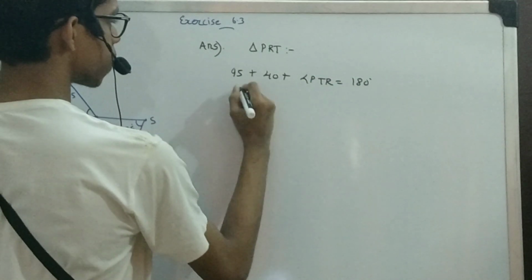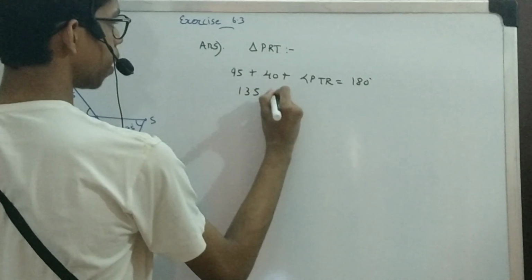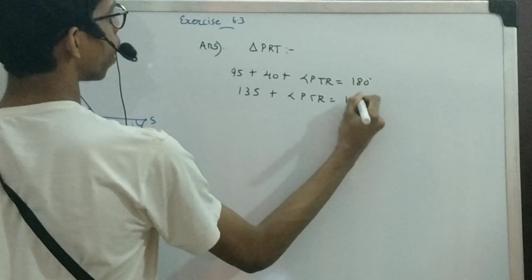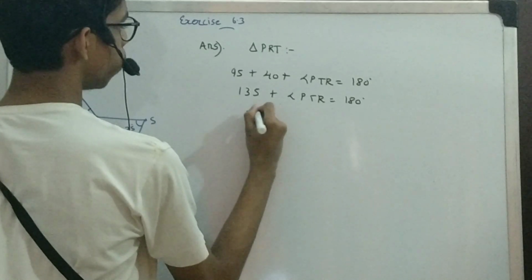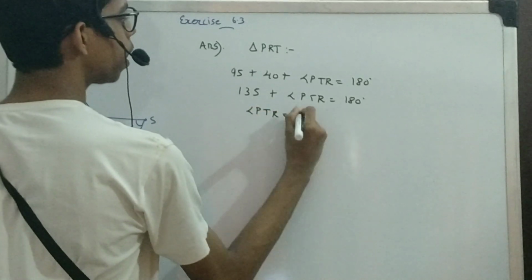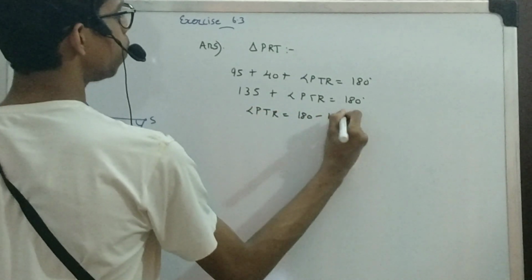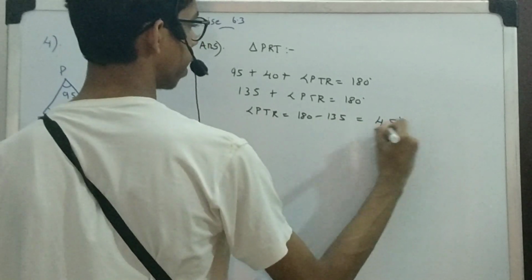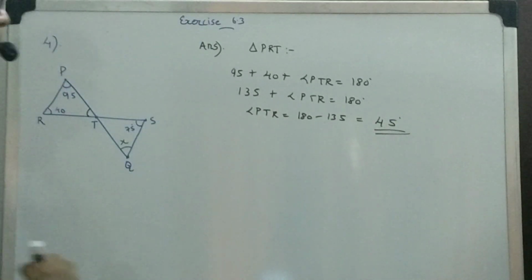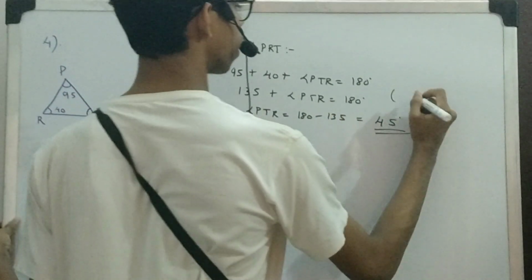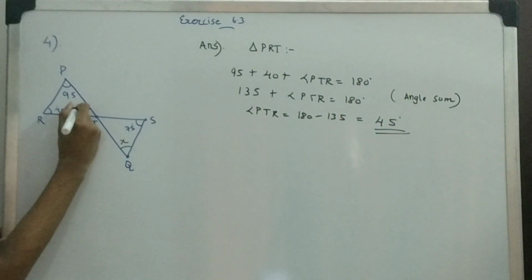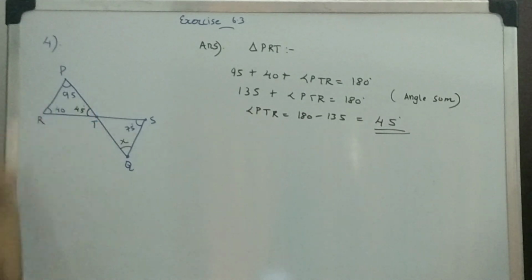So 95 plus 40 is 135 plus angle PTR is equal to 180 degree. So from here you will get angle PTR is equal to 180 minus 135, which is equal to 45 degree. Okay, so this we deduced using the angle sum property. So this angle we got as 45 degree.